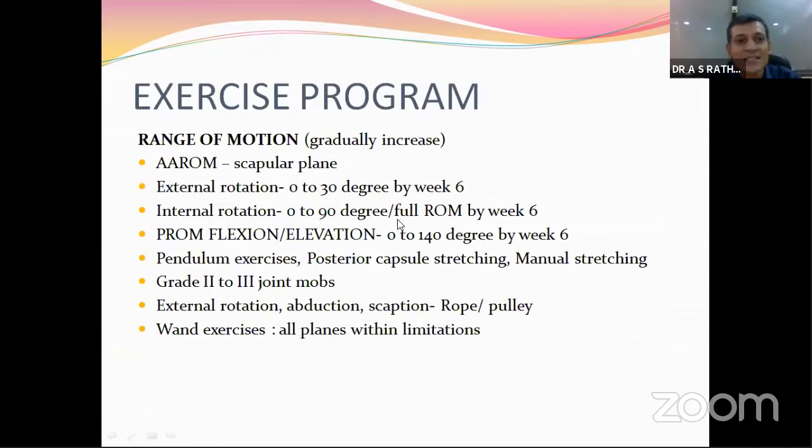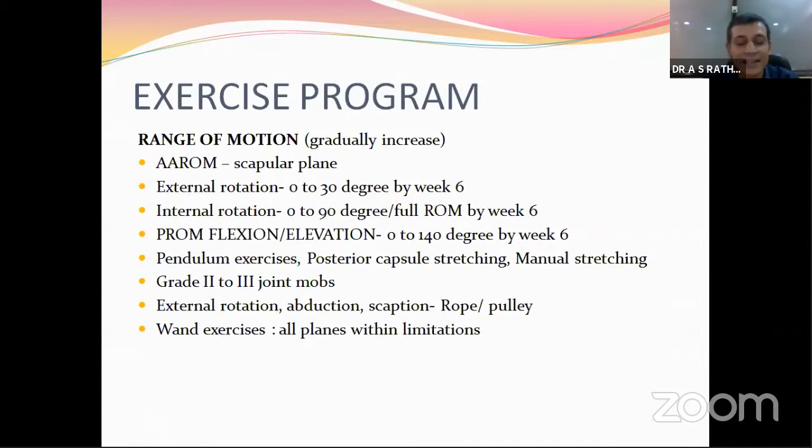Exercise program at this stage: now we can start active assisted range of motion exercises in the scapular plane, and external rotation can be moved up to 30 degrees by 6 weeks, and internal rotation up to 90 degrees by 6 weeks.